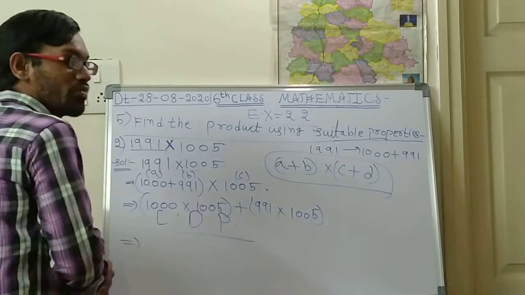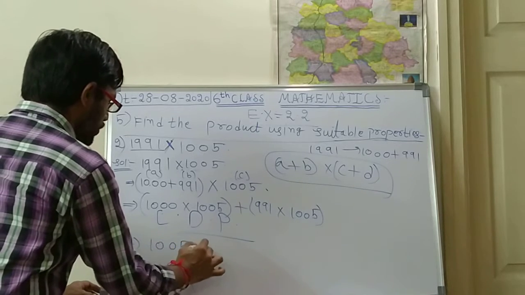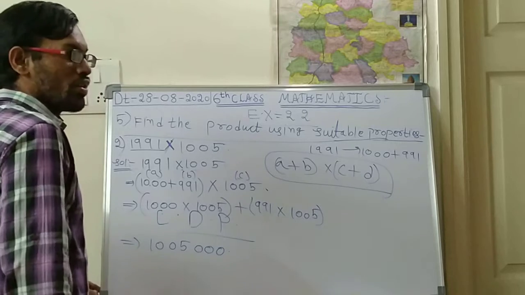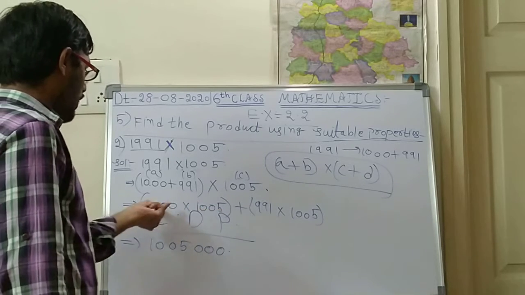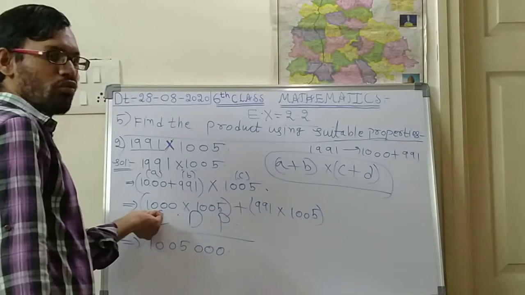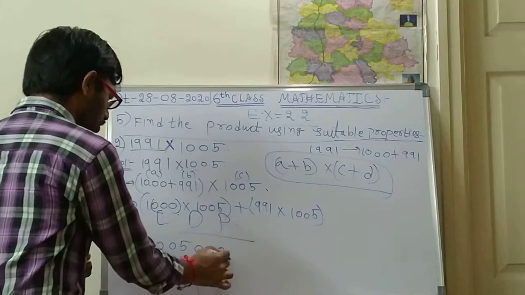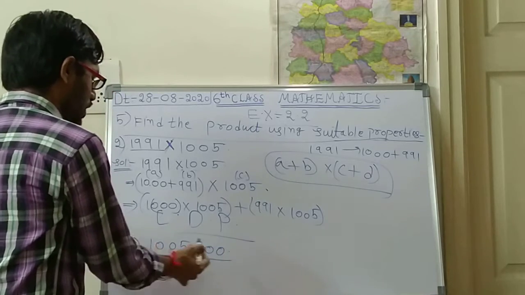After this, now you have to do the product for each set. So 1000 into 1005, that is 1005 000. 1005 into 1 is 1005. How many zeros are there? 3 zeros, so 3 zeros directly you can take.